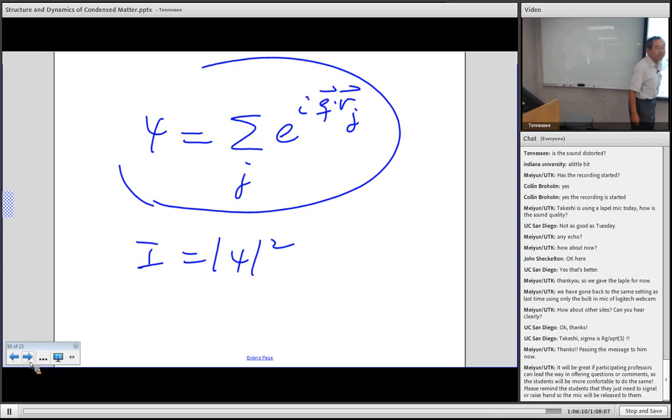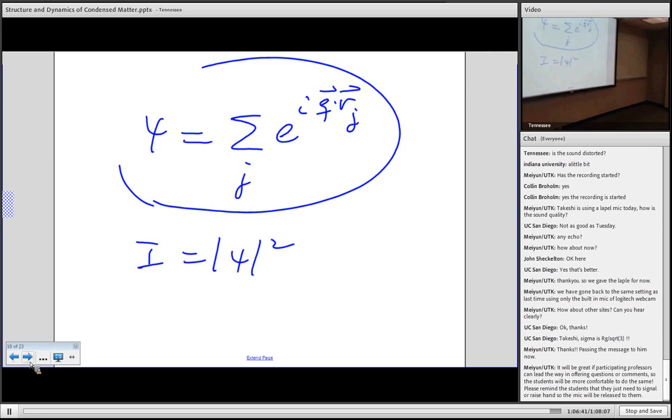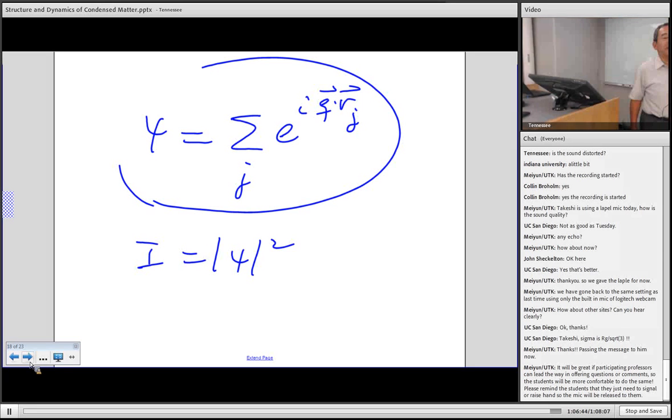You only measure intensity, which is the square of this amplitude. Therefore, by squaring, what do you lose? Phase information. Okay? So if you know the phase of a wave function, then you know the atomic position. But you only know the square of the wave function, the amplitude. Therefore, you don't have phase information.